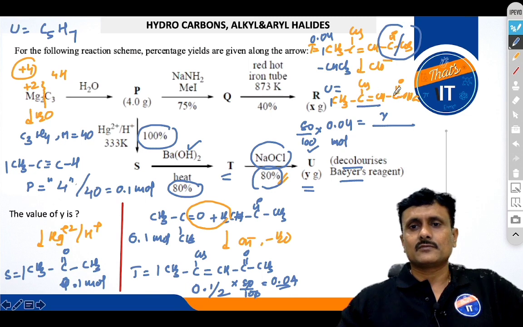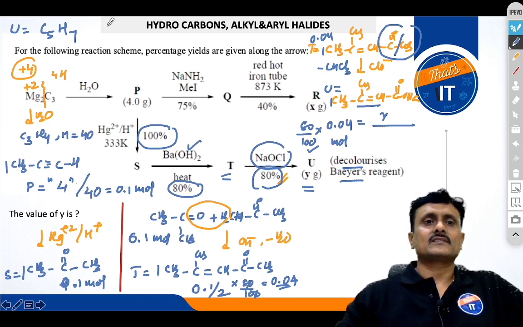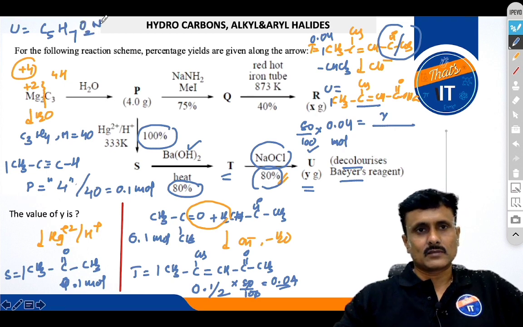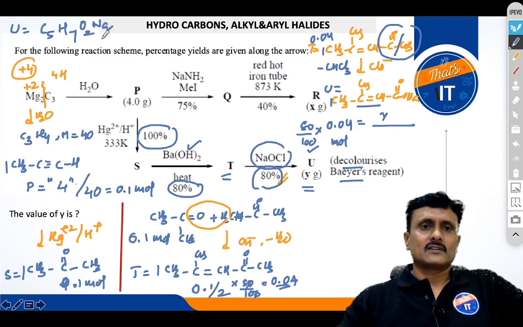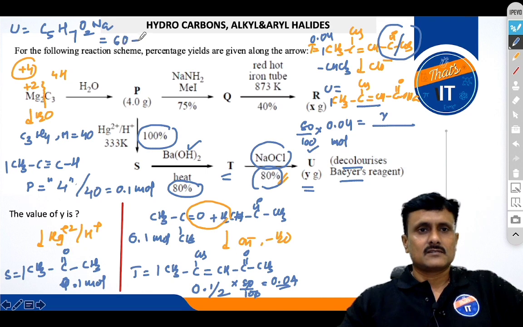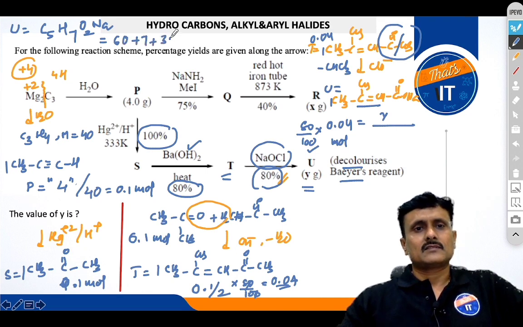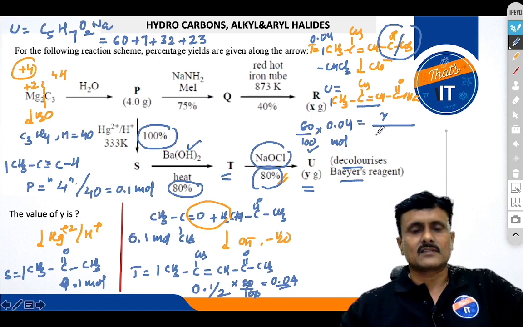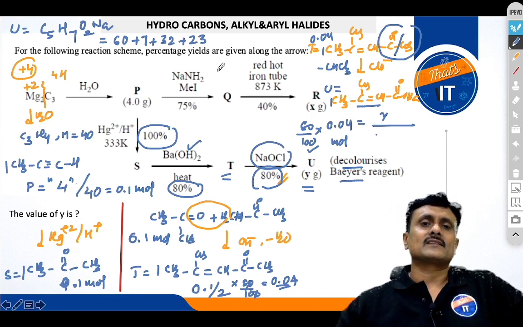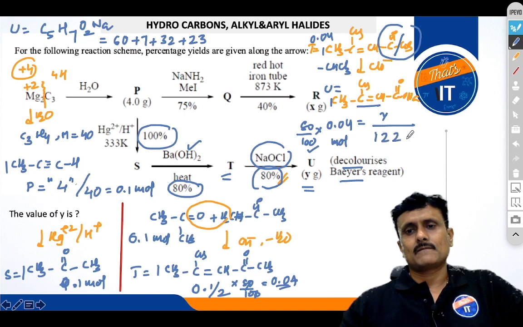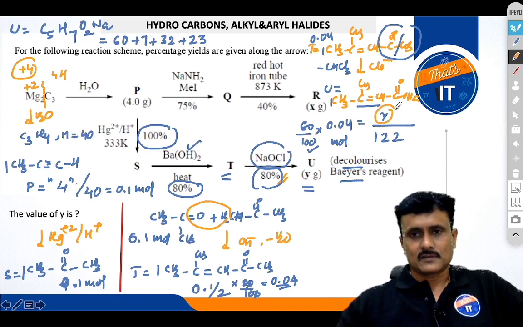Hydrogens are 7. 2 oxygens are there. And 1 sodium indeed. So the molecular weight of this substance is 60 plus 7 plus 32 plus 23. So you substitute the whole value over here. 67 plus 23 is 91, 122. So to find the value of Y.